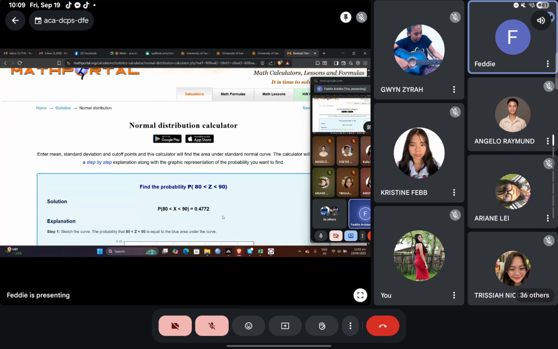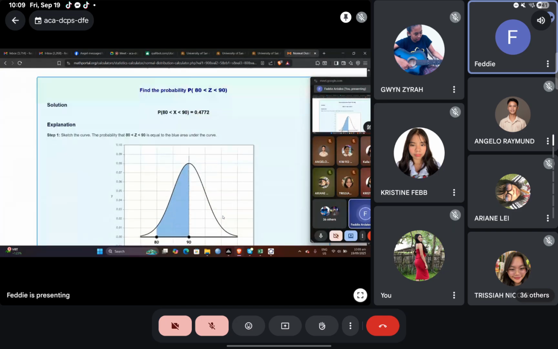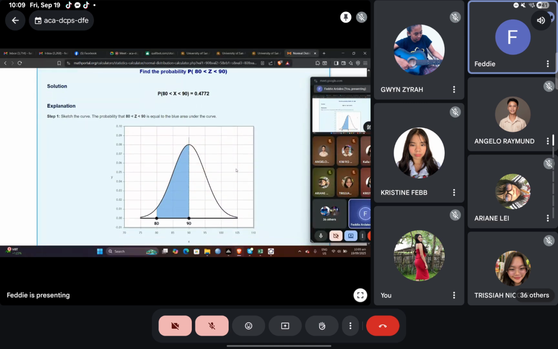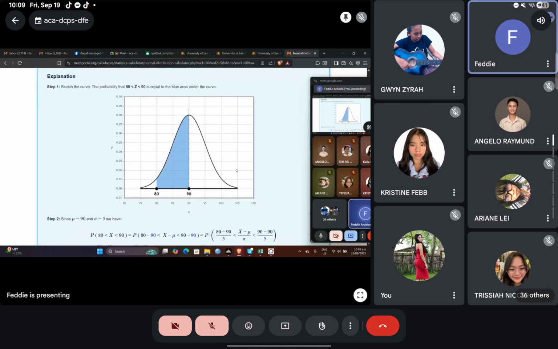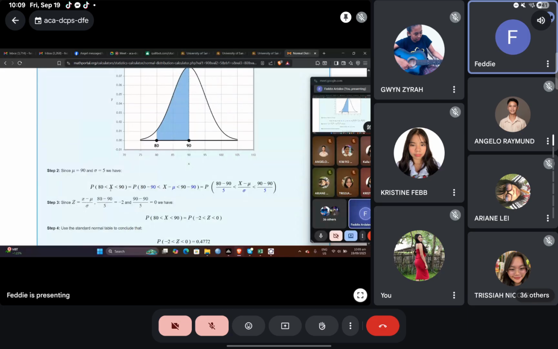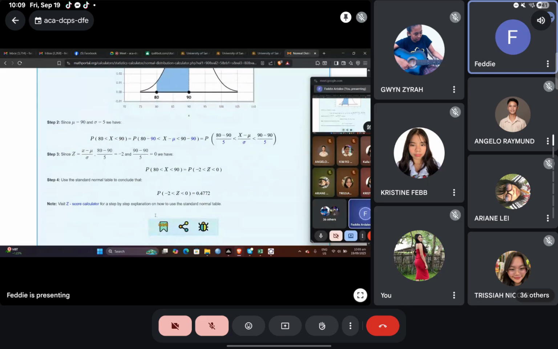This is how it is explained: using 80 less than x less than 90, converting this into a z-score or standard normal distribution. Let 80 be your x sub 1 and 90 be your x sub 2.